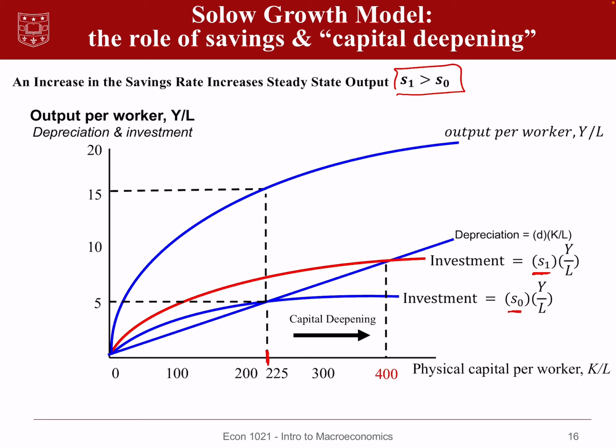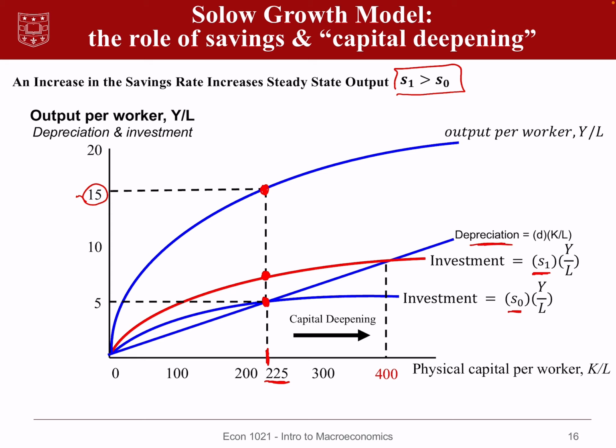So we see that the economy will move from its steady state level of capital per worker, say of 225, and output per worker of 15. And again, the numbers are irrelevant. It's just to have some numbers here that when the economy decides to save more, then we see this movement to a new steady state, because the level of investment is going to be bigger than depreciation.